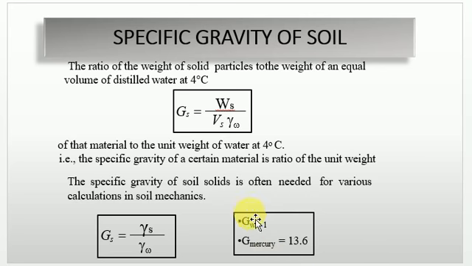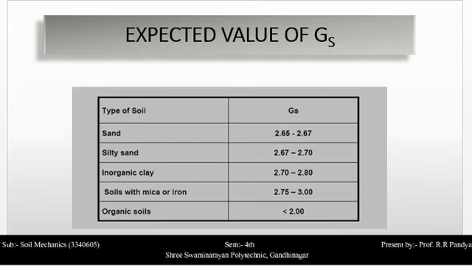Here there are two values used to determine the specific gravity. The specific gravity of water is 1 and the specific gravity of mercury is 13.6. These two values are given to determine other values of the soil. So let's take a look at the expected values of specific gravity for different types of soil.